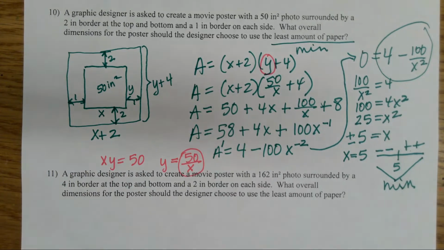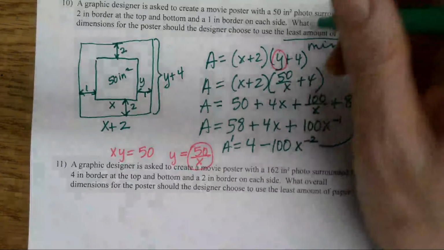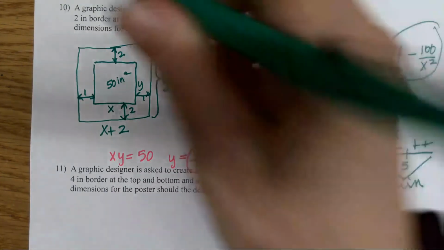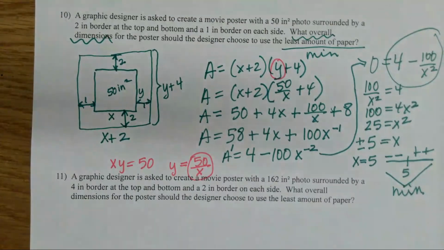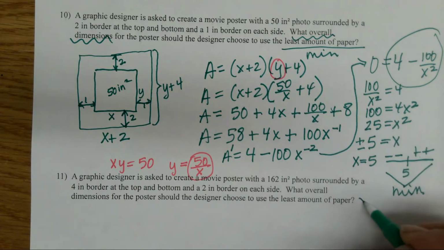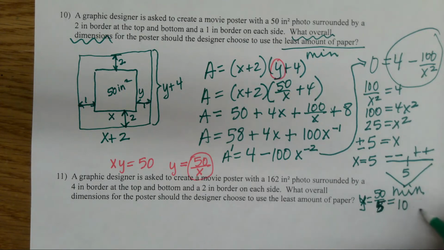But I have to be careful on this problem because they are asking for the overall dimensions. What are the overall dimensions? The whole thing. I found x. I can use x to find y because y is 50 divided by x, or 50 divided by 5, or 10. So I found y.